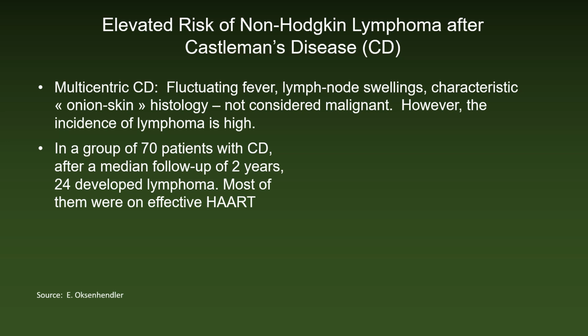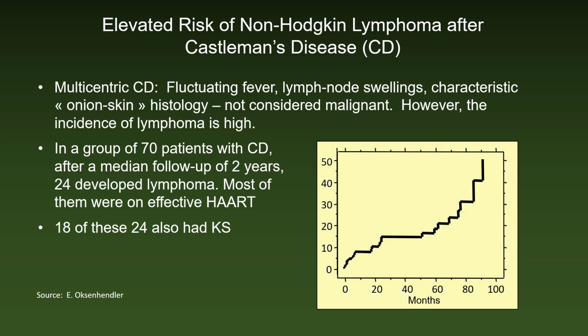Most of them were on effective HAART, and 18 of these 24 also had Kaposi sarcoma. The insert shows a Kaplan-Meier curve established by Eric Oksenhendler and shows that after about 8 years, 50% of patients with CD had developed lymphoma.